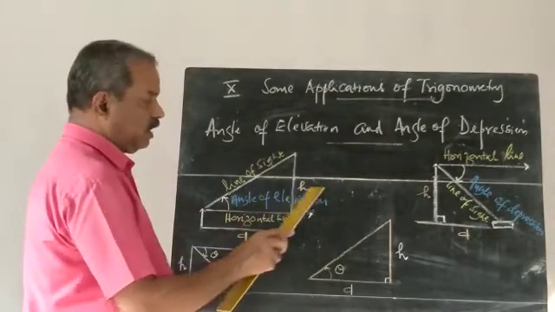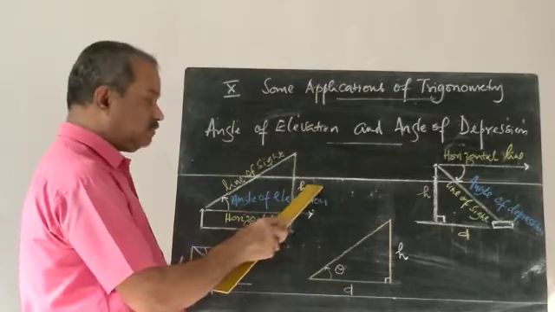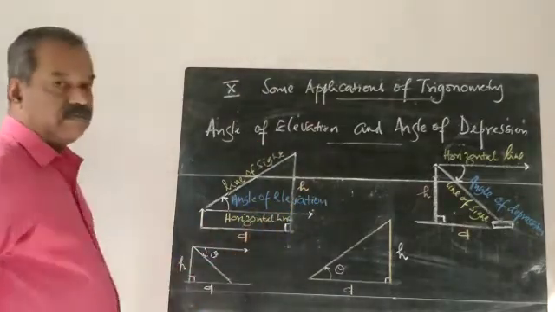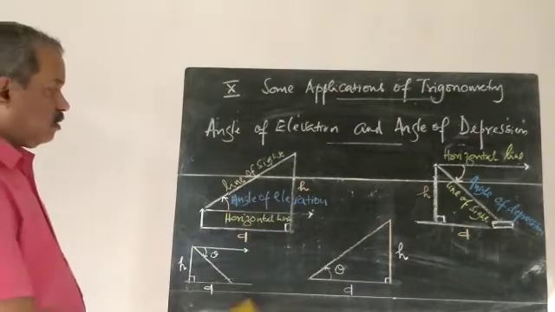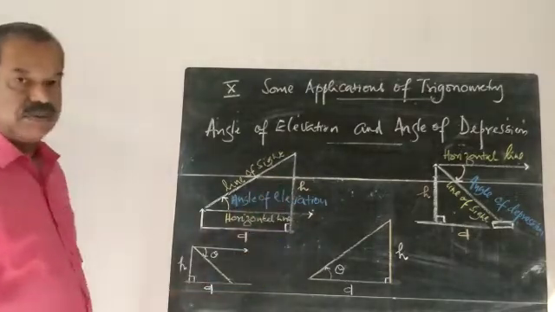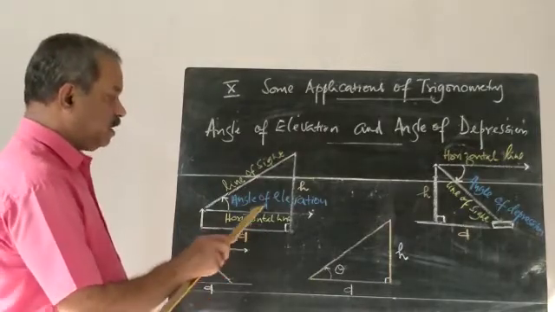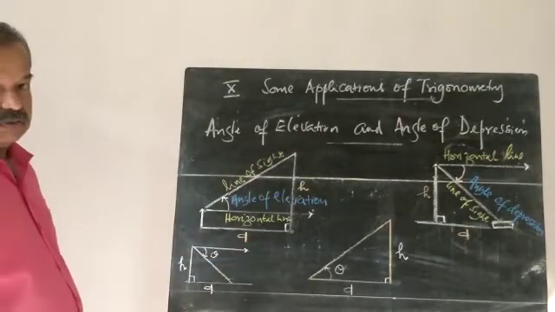If D is given, H we can calculate. Or if H is given, we can find the distance between the man and the building, or the man and the tree.